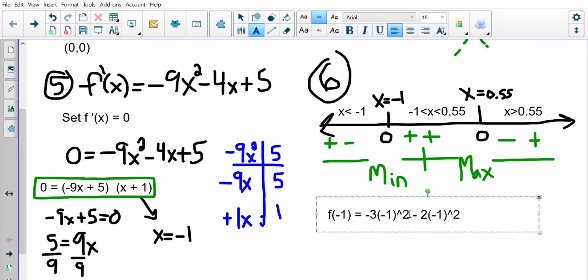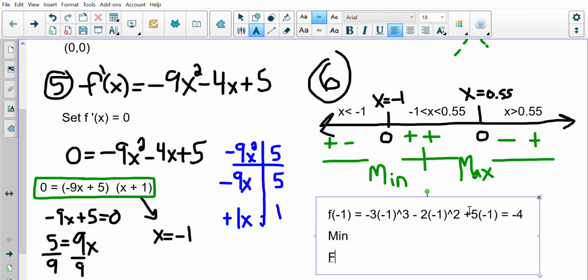Oh, this one was cubed. Plus 5 times -1. Now I'm going to save the gory details. I actually did figure this out already, and the answer was -4. And that's where my minimum is.